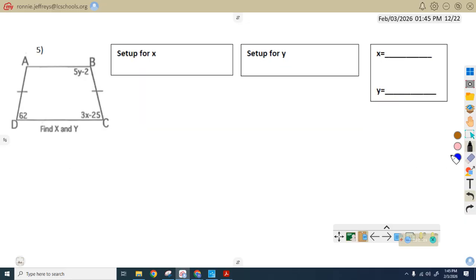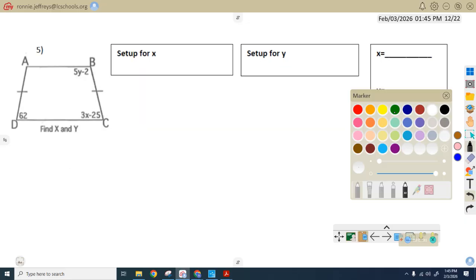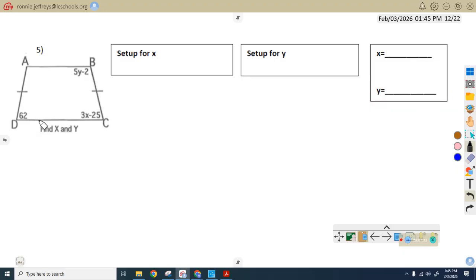So, number 5. Yes, this is a trapezoid. What type of trapezoid is it? It is a parallelogram because these two are parallel. You just know.